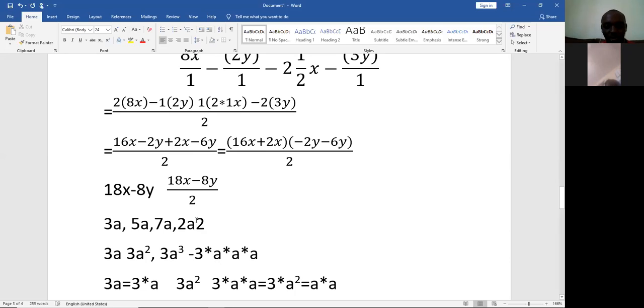Okay, this is the case that I want to show here. So a squared, and then finally I have 10a.